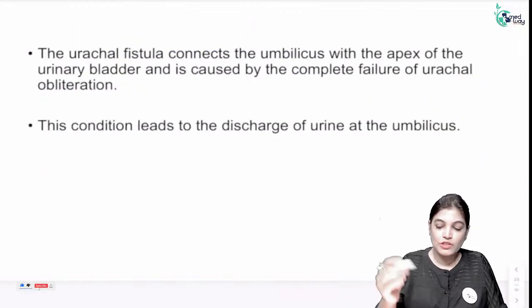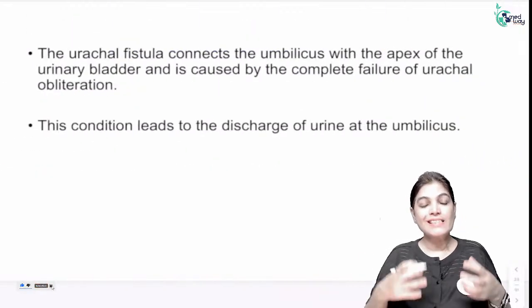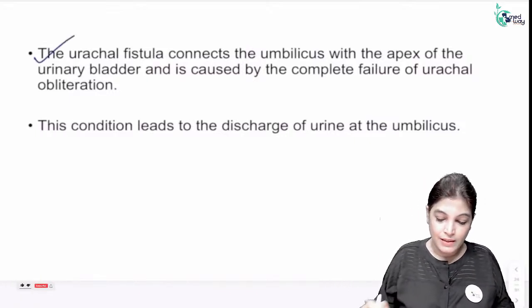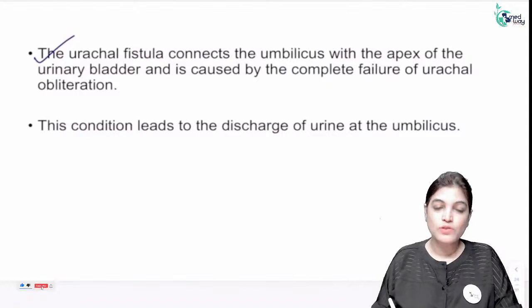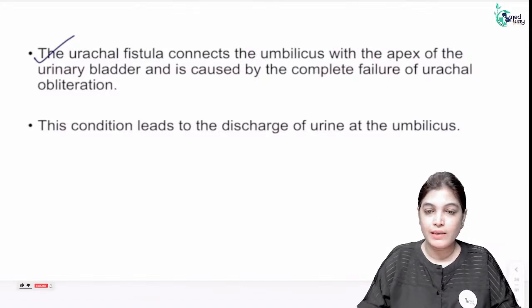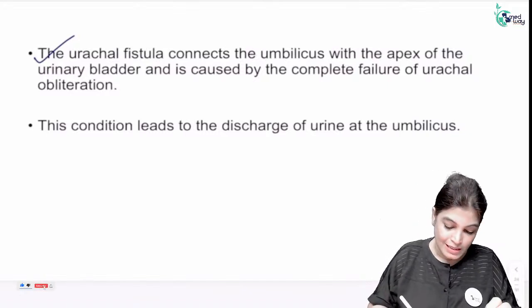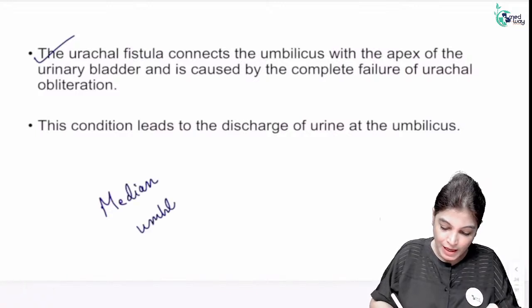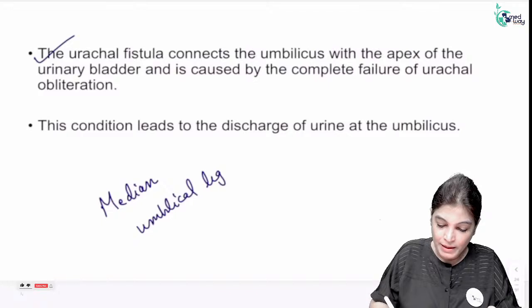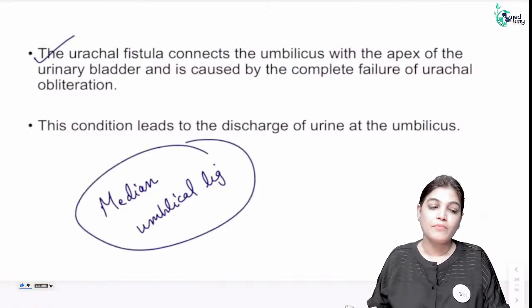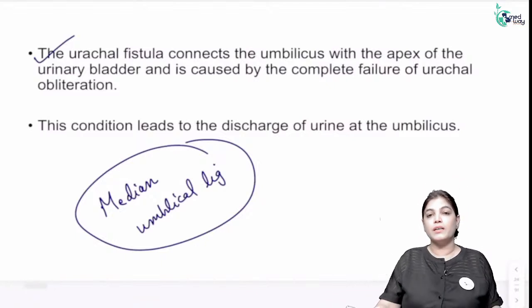Now, another condition in which leakage, or discharge, of urine happens from the umbilicus is called urachal fistula. We know that there is a urachus, which is a remnant forming the median umbilical ligament. Please note down, it is median, not medial. This median umbilical ligament connects the apex of the bladder with the umbilicus.